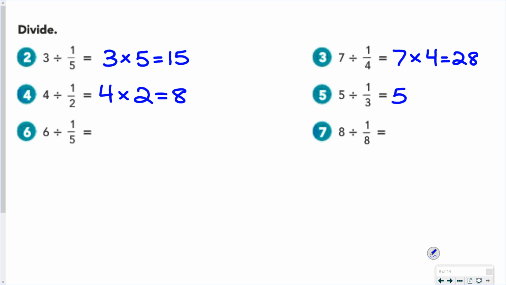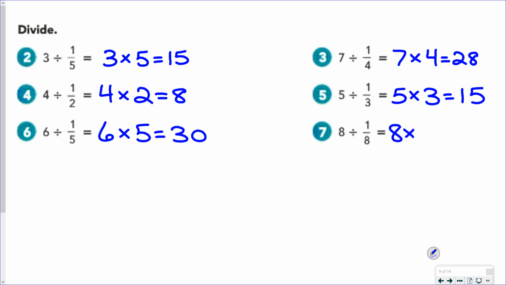Keep the first number, change to multiplication, use the reciprocal, 5 times 3, 15. Keep the first number, change to multiplication, use the reciprocal, 6 times 5 is 30. And keep the first number, change to multiplication, use the reciprocal, 8 times 8 is 64.